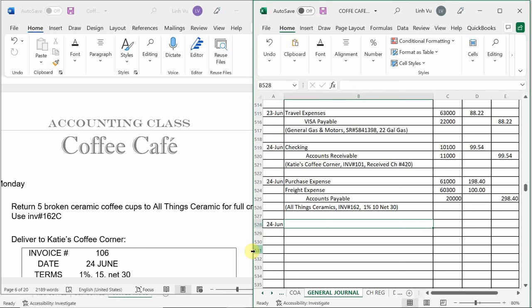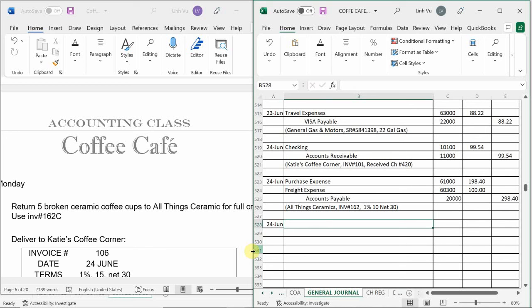We opened up the box and found that 5 of them are broken, and we're requesting a full refund, right? And we're going to use it on invoice number 162C, right? We just received the bill. We didn't pay it, so how else are you going to give the refund back? We never paid All Things Ceramics at all. So in this case, what is the best option to do here? Apply it to the invoice.